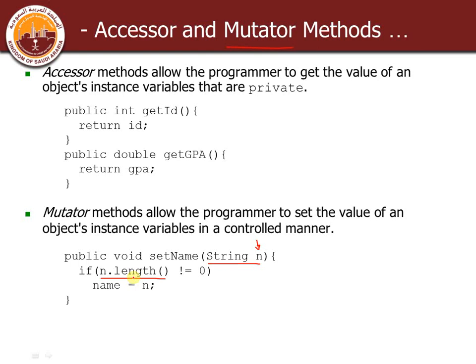It counts how many characters you have in your text, in your string, and then it gives you that value. So this is a method that returns a value, which is, I think, an int. And that int, I'm going to see if it's different from 0. If it's different from 0, that means something was entered in the text. If it is not different from 0, that means it is equal to 0.